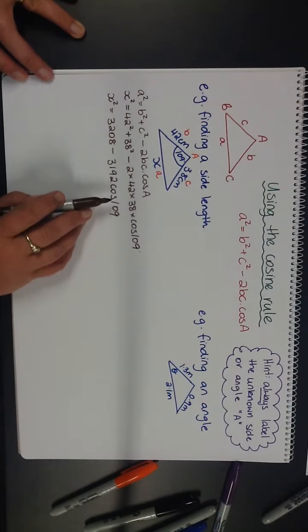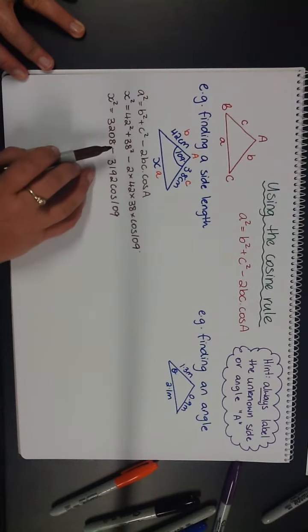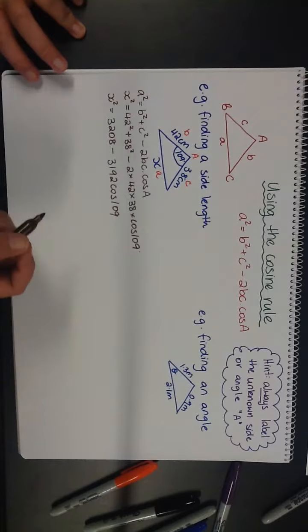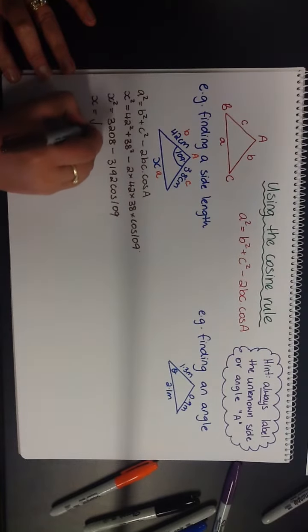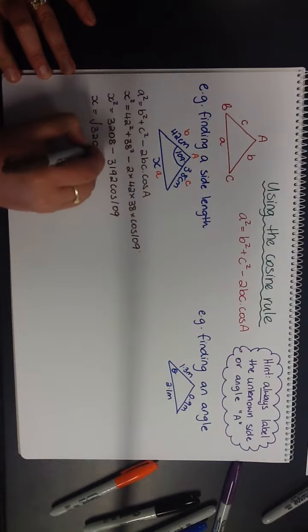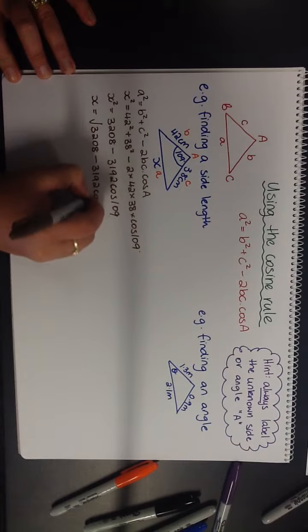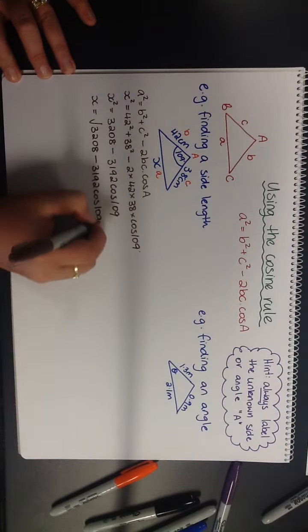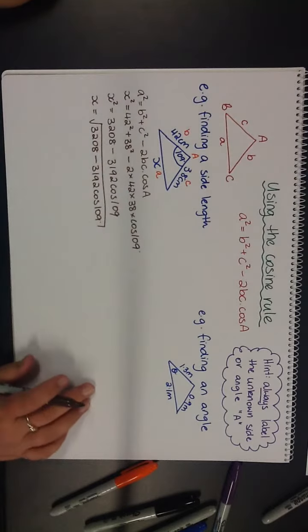And we've only actually got one more thing to do. Because this is an x squared on this side of the equation, we have to do the square root of what's left over. So I'm going to leave all of that there, and put a big square root sign over everything.